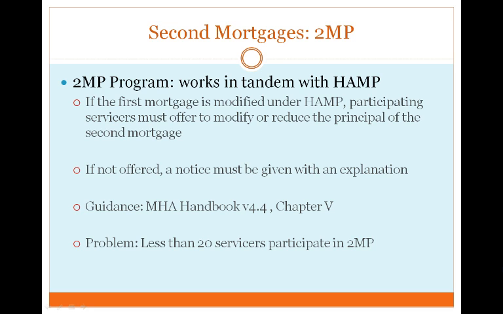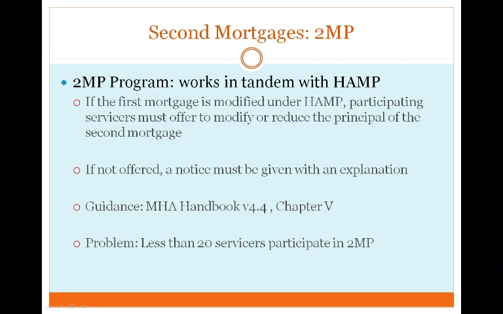There's a lot of guidance for it in the MHA handbook. It's in Chapter 5, and it goes through exactly what the servicers are required to do and what the eligibility criteria are. You can also go on the HMP admin website to look at which servicers are actually participating in the 2MP program.